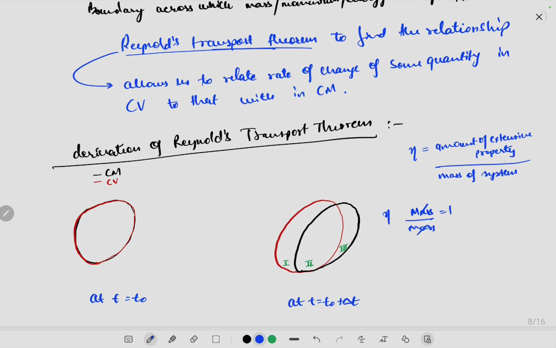Similarly, let's say if I am considering extensive property as linear momentum, so that would be mass times velocity divided by mass. Mass can cancel out with mass, and eta for extensive property linear momentum would become nothing but velocity. Okay, eta is equal to 1 for mass taken as an extensive property. Okay, all right.